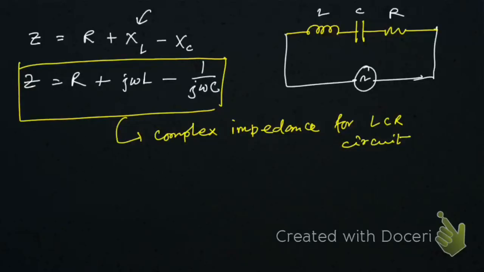Now let me explain with the help of a phasor. So here you see this is the EMF, E naught e to the power j omega t.